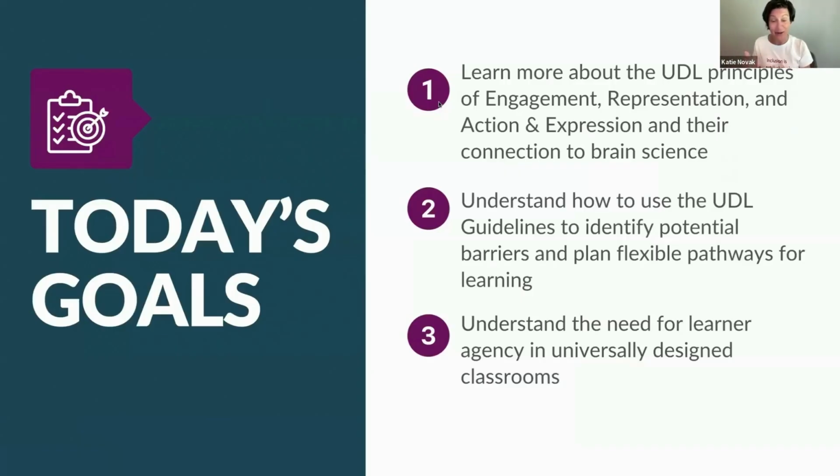And then lastly, we're going to be talking about how in really flexible classrooms, it's important, first of all, for educators to be really flexible with design. And it's also really important that we help learners build agency to better understand who they are as learners so that they can take advantage of that flexibility and learn at high levels.